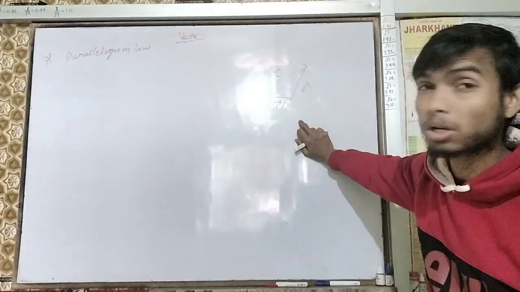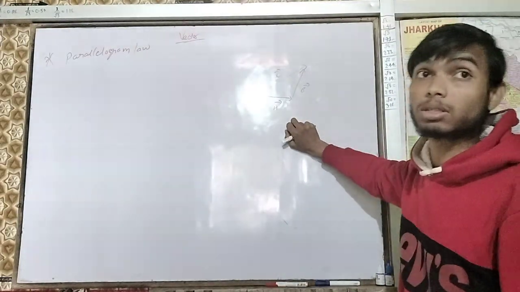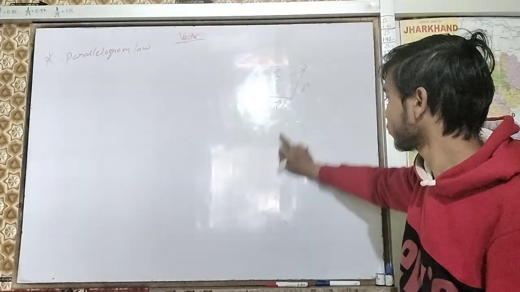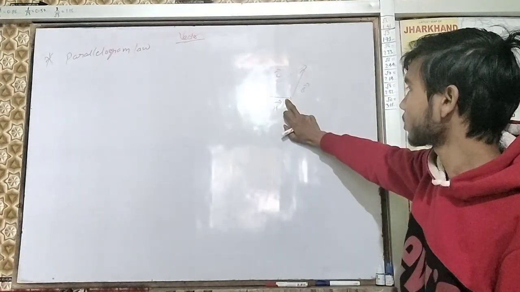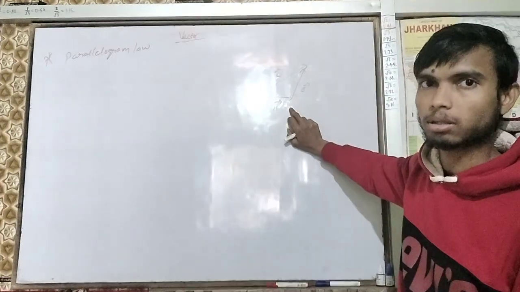When it comes to parallelogram, we have to shift something. So we have to shift any vector, then we will get parallelogram. If you shift any of these two vectors, you will get parallelogram.